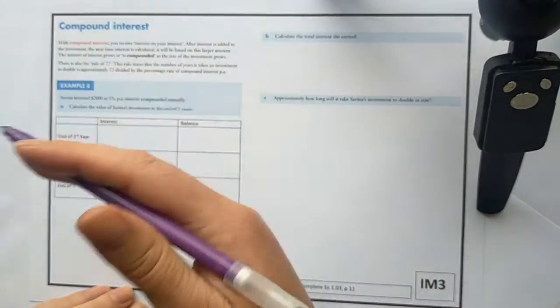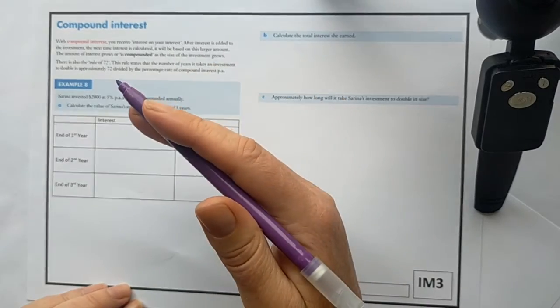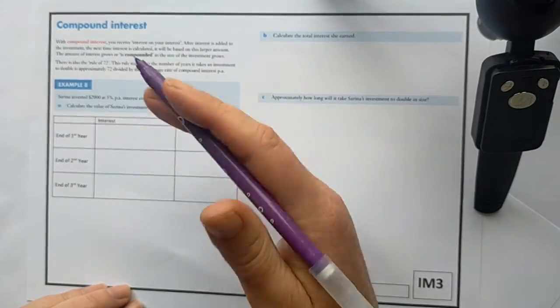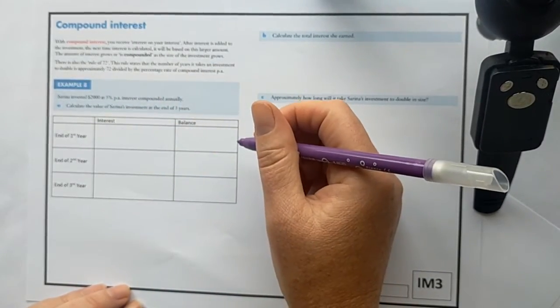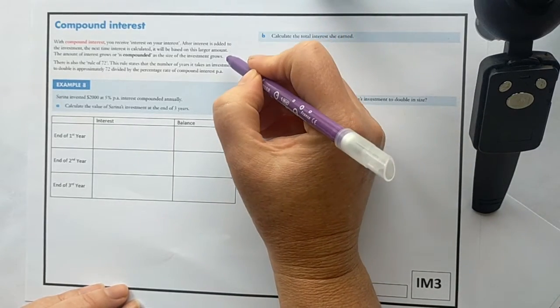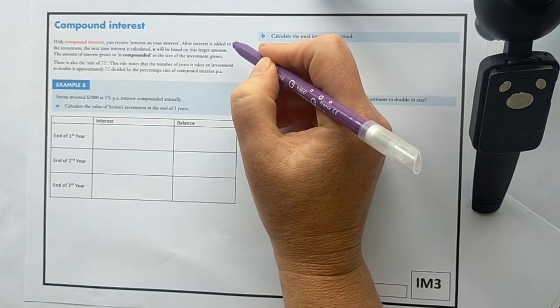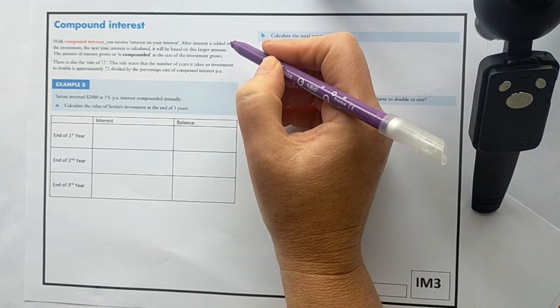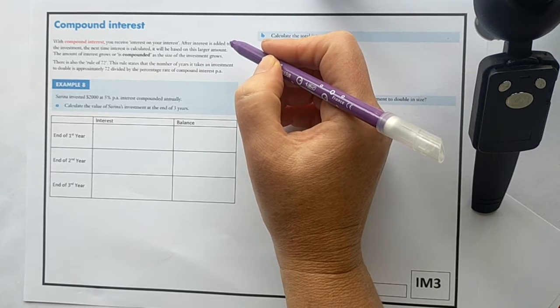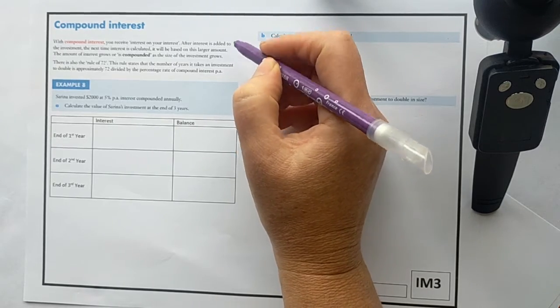All your interest keeps being added into your bank account, and then you get interest on the greater amount of money, and you end up with more money in your bank account than you do if you just use simple interest. And that's something to consider when you're taking into account purchases and mortgages and things in the future. So that's one thing to know.